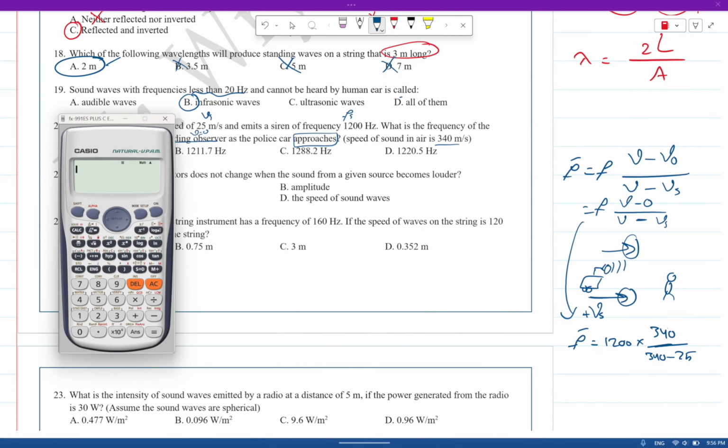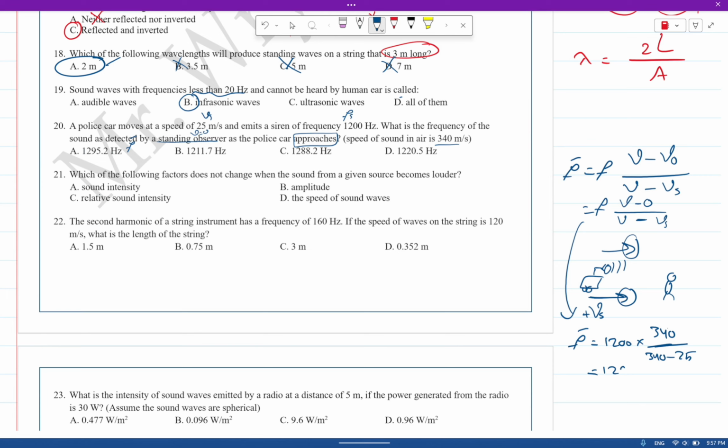We have 1200 multiplied by 340, and then divided by, open bracket, 340 minus 25. The answer is 1295.2, of course, we can use that as well. So 1295.2, that is the frequency that is observed. Do we have this? Yes, and that is option A here.